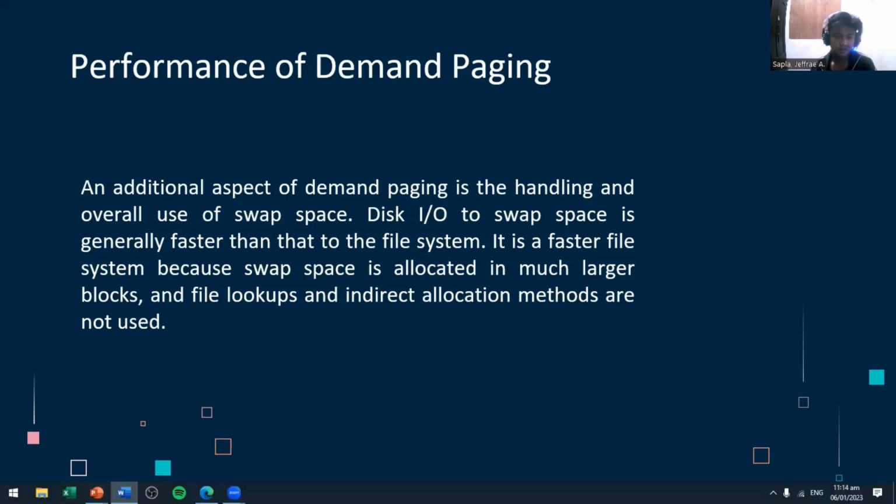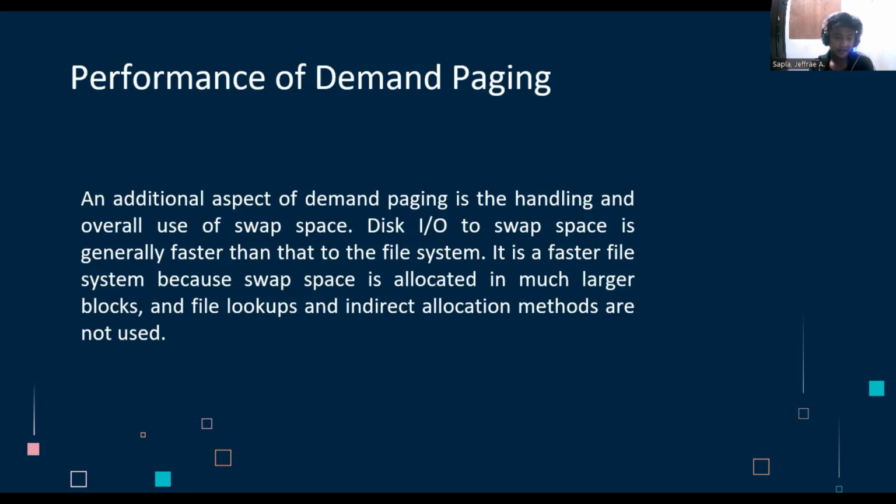The system can therefore gain better paging throughput by copying an entire file image into the swap space at process startup, then performing demand paging from the swap space.